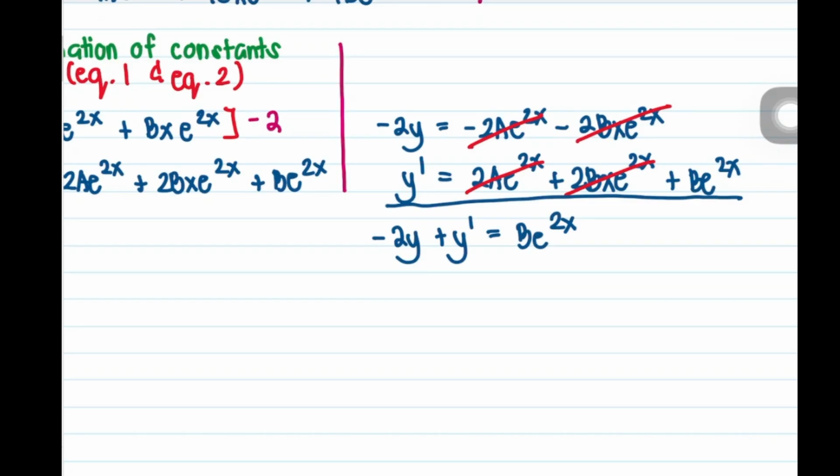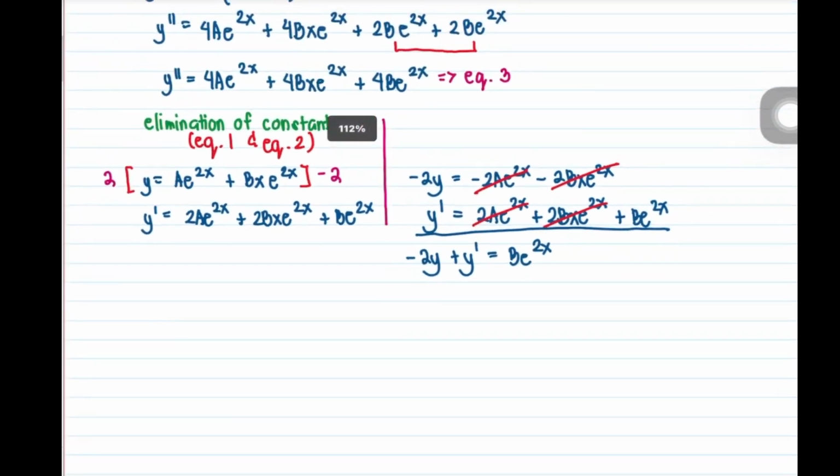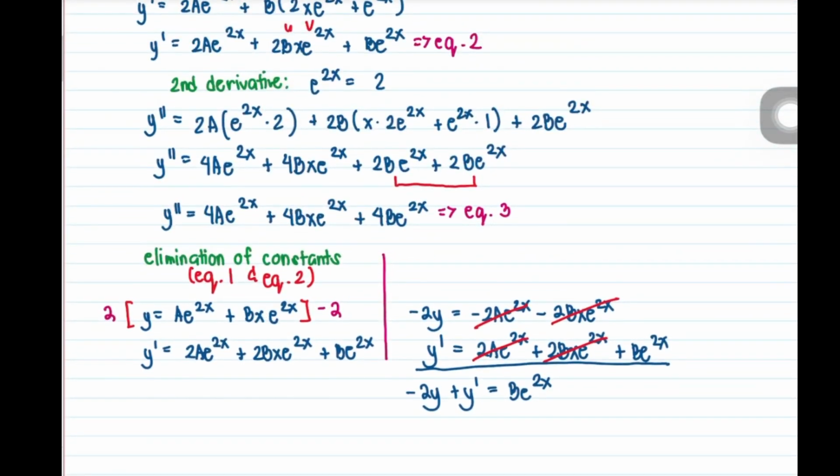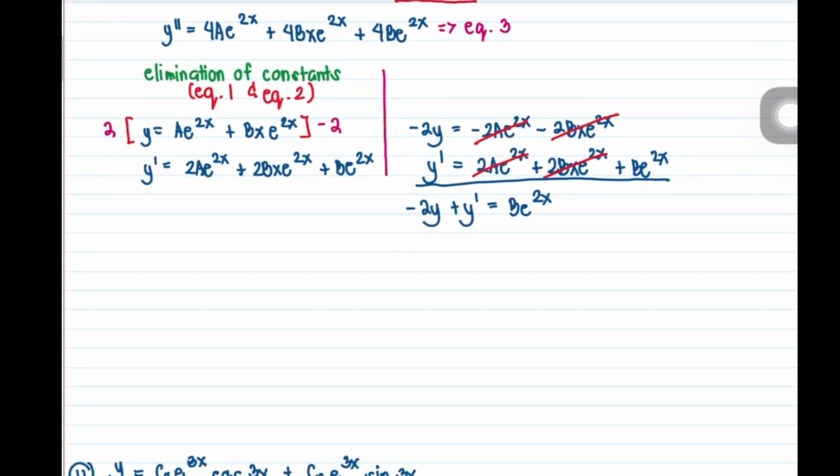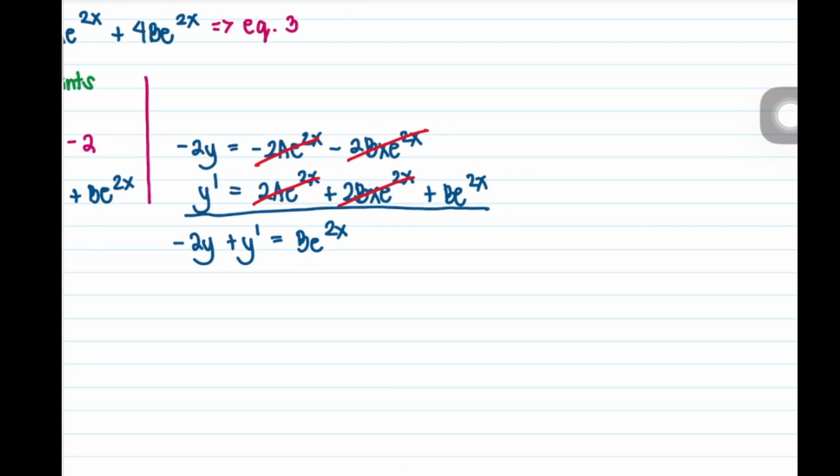Okay? So since we eliminated equation 1 and equation 2, let's try to eliminate some constants with equation 2 and equation 3. So this one will be your equation 4.